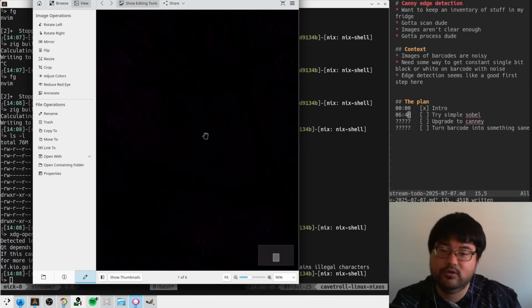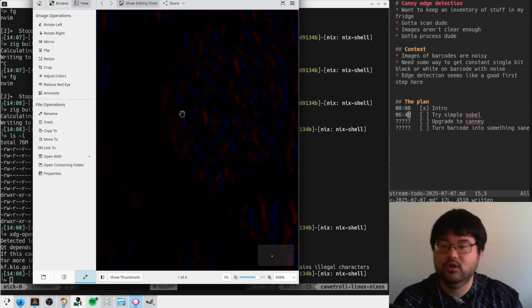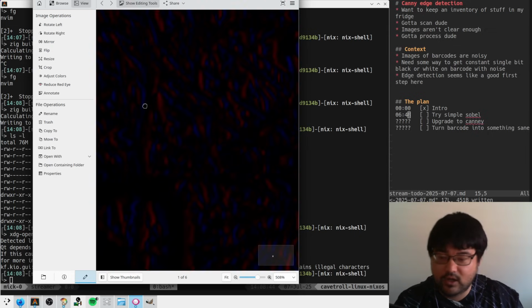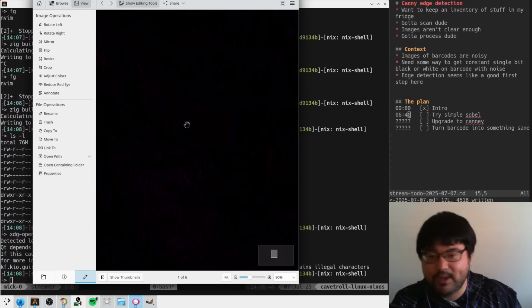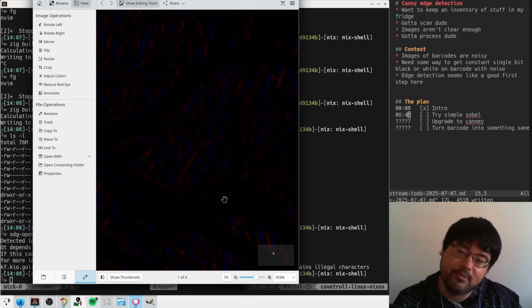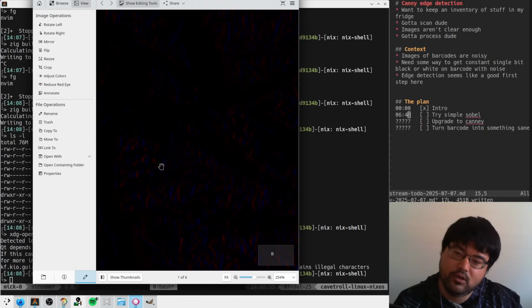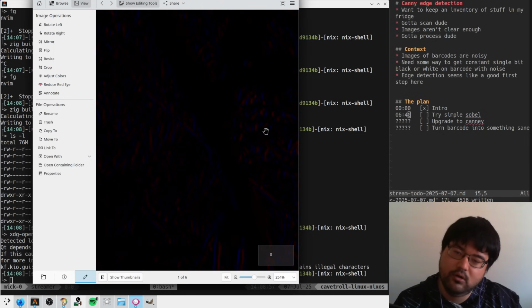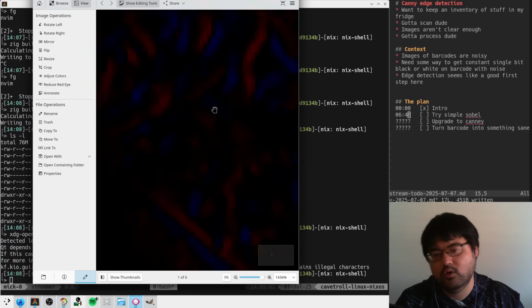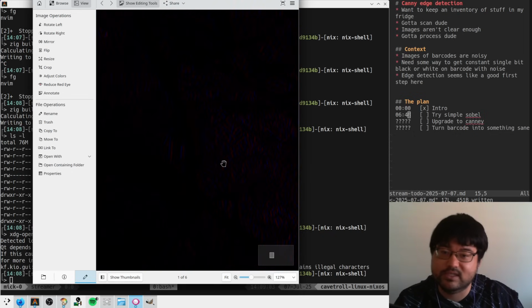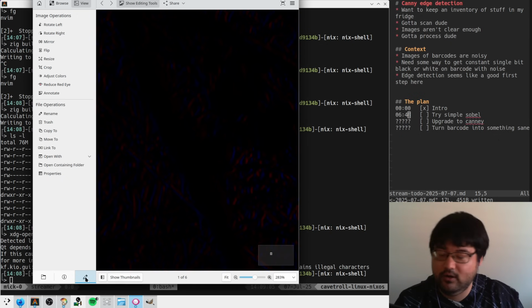Okay. So that's pretty interesting. We can kind of see. It might be interesting to overlay this on top of the original image. Might be. Or maybe we just look at the original image. You can definitely see the branches coming through here, right?